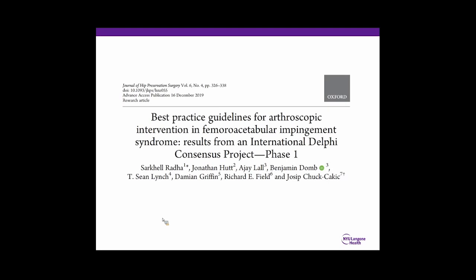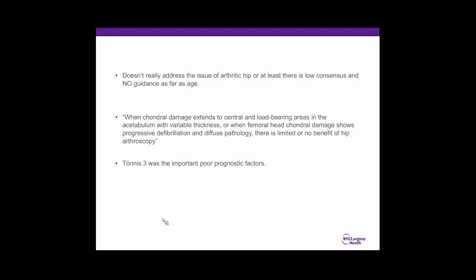There was a paper in 2019, which is sort of phase 1 of an international consensus project, looking at best practice guidelines for arthroscopic FAI surgery, and looking to see if there was any mention of how to treat patients who have some arthritis and how to address patients who maybe are too old for hip FAI surgery. What is too old? And really, there was no real consensus.